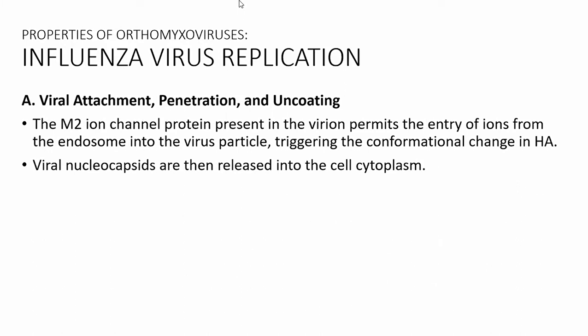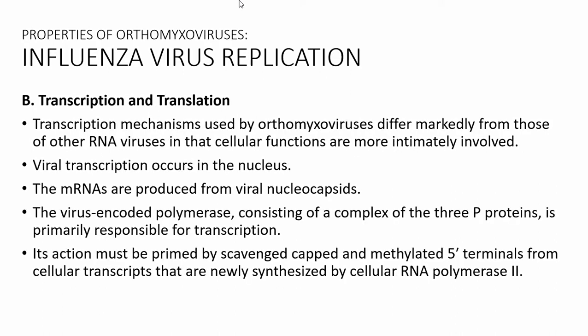The M2 ion channel protein present in the virion permits the entry of ions from the endosome into the virus particle, which will trigger the conformational change in the hemagglutinin. Viral nucleocapsids are then released into the cell cytoplasm. Then, after being released, transcription and translation will take place in the nucleus.